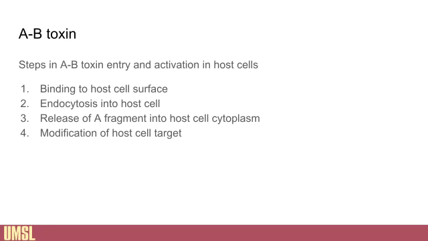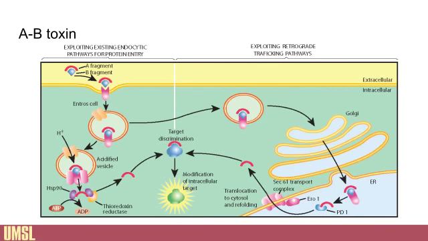And in some cases, there are nucleases; they will destroy the host cell's DNA. We'll see what some of these effects are in coming examples. And when we think about AB toxins, there are really two fundamental ways that they gain access to the host.